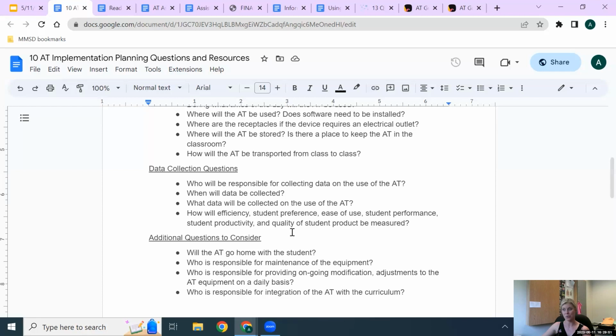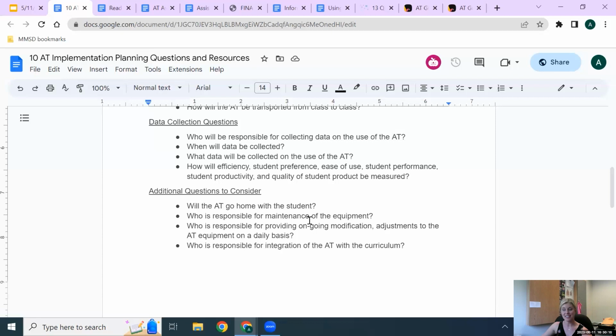Again, data collection questions. Throughout the AT process, we still want to collect data. Just because we collected data to prove that a student needed a device doesn't mean there isn't some ongoing need for checking and double checking that this technology is still the most appropriate. Technology changes so fast that sometimes we need to consider a different technology tool.